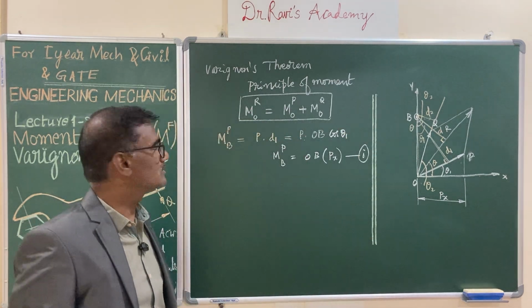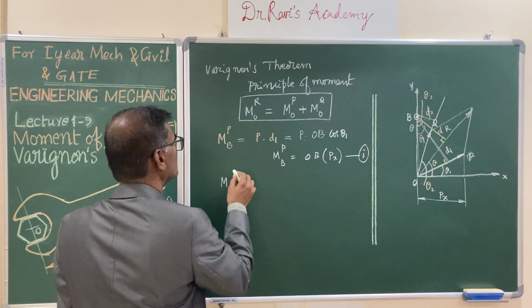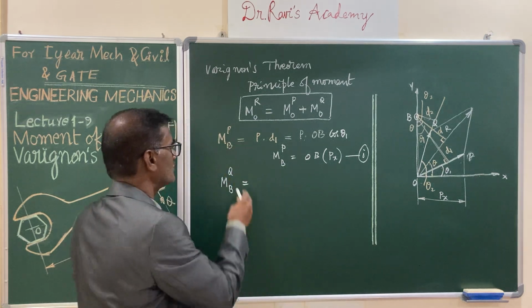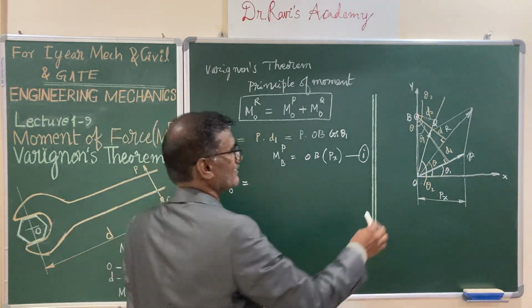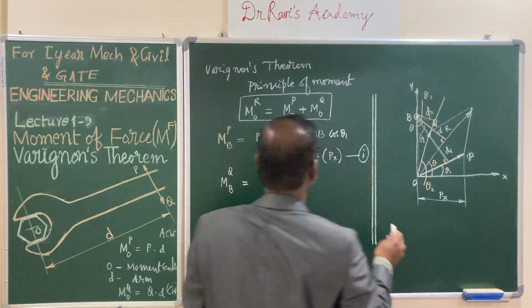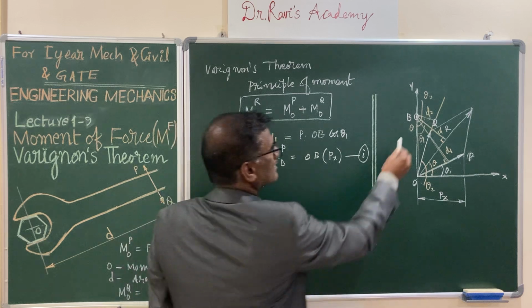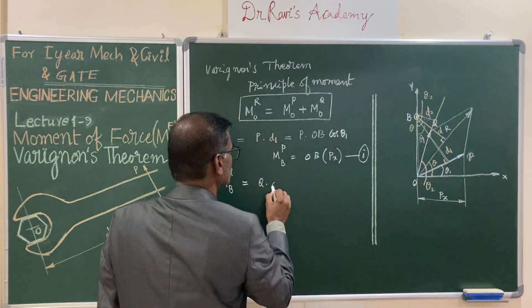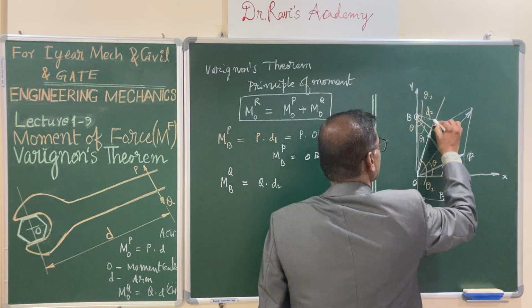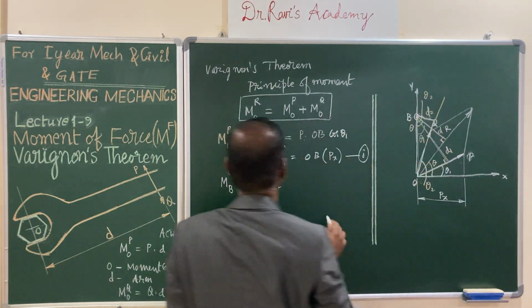Similarly, you write down the moment of force Q about the same moment center, that is B. So, the moment of force Q, this is the force and this is the distance. So, that is your force Q into the moment arm, that is D2. From this right triangle, D2 you can replace with OB cos theta 2.